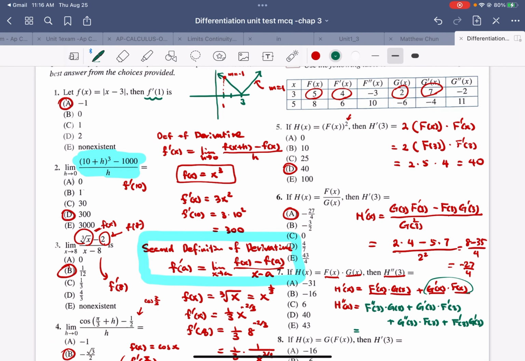So f double prime of 3 is right here, -3, times g of 3 in the table is 2, plus g prime of 3 is 7, f prime of 3 is 4, plus g double prime of 3 is right here, -2, times f of 3 is 5, plus f prime of 3, 4, g prime of 3 is 7.